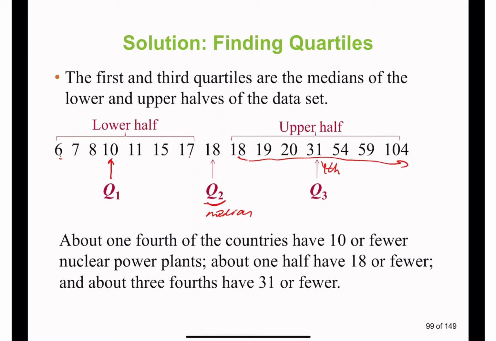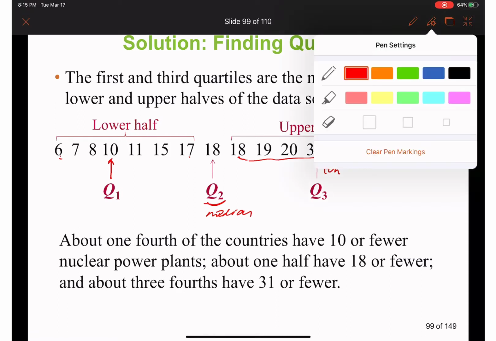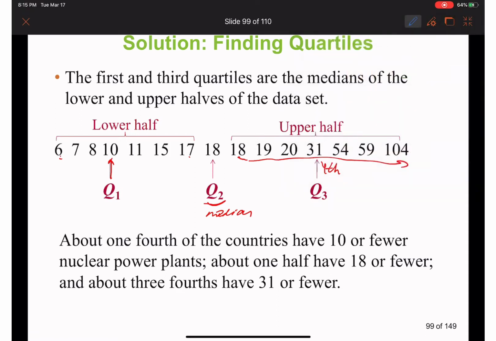So we can say that almost 50% of the countries have 18 or less nuclear powers. 50% of these countries have 18 or less.